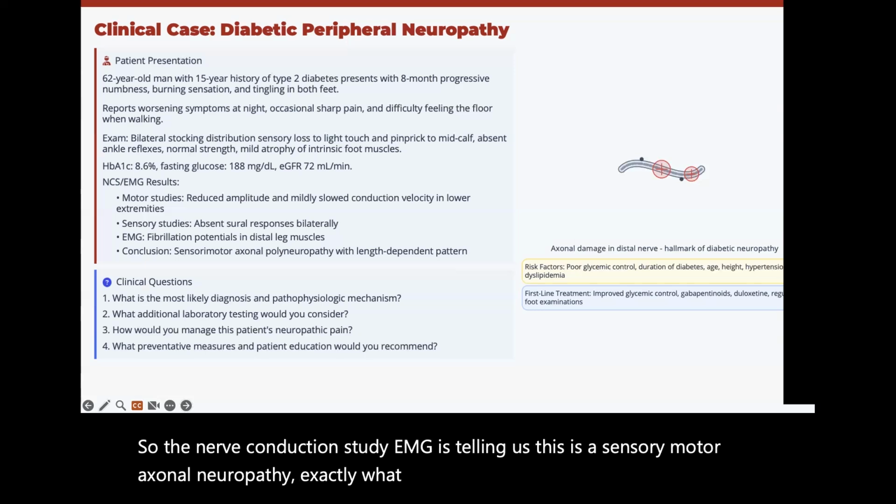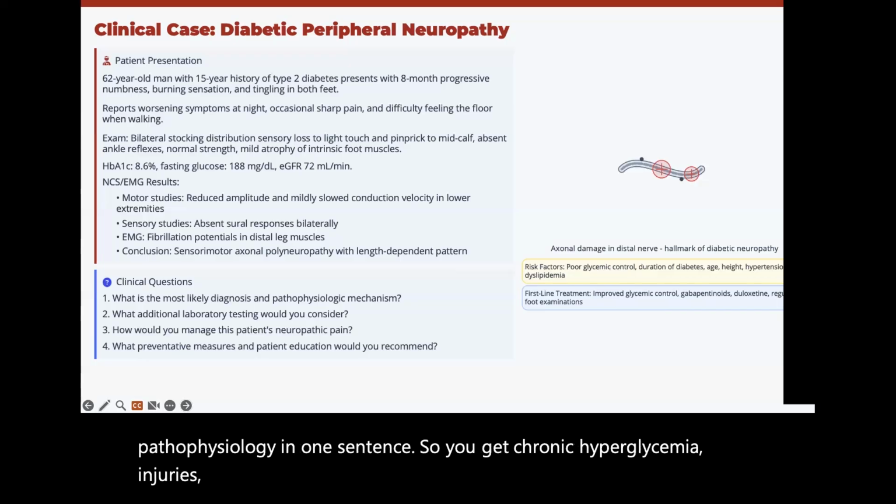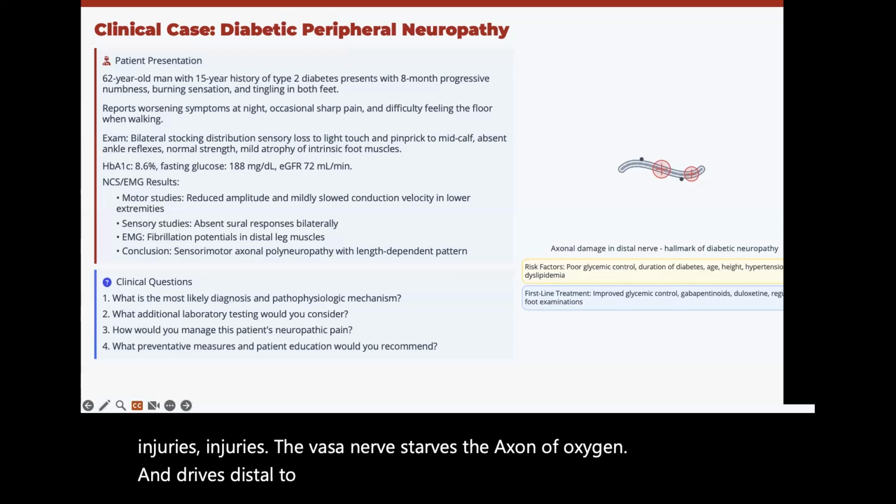And here's the pathophysiology in one sentence. So you get chronic hyperglycemia that injures the vasa nervorum, starves the axon of oxygen, and drives distal to proximal axonal degeneration.